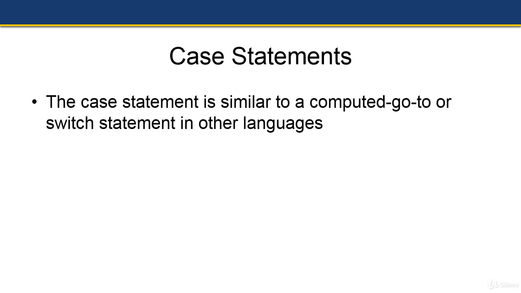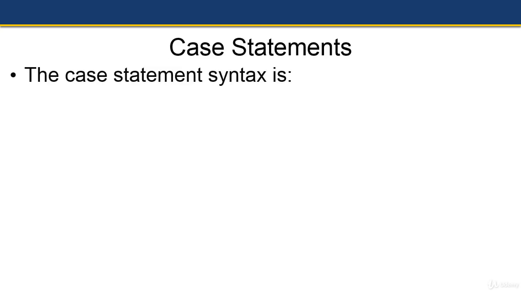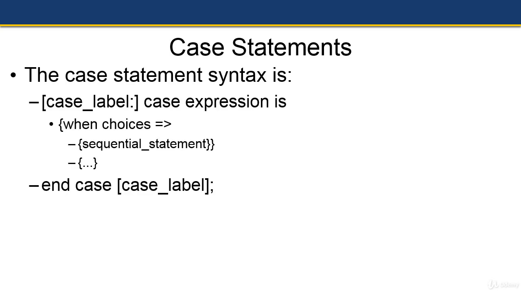The case statement is similar to a computed goto or switch statement, which exists in other classical computer languages. The case statement syntax can start with an optional case label, followed by case expression is.